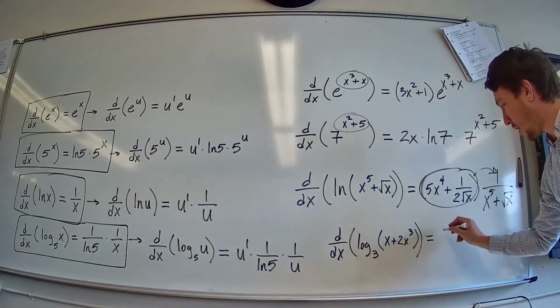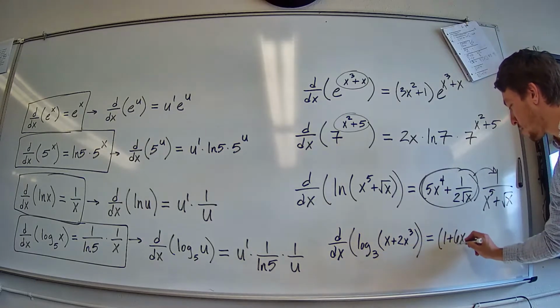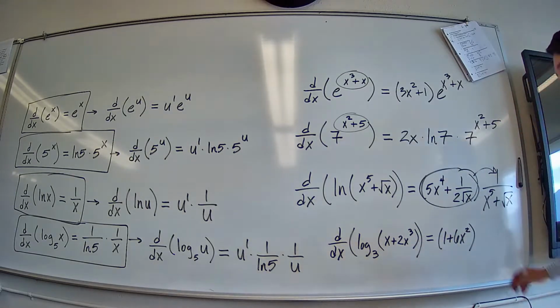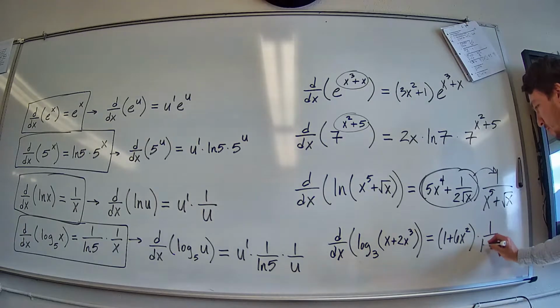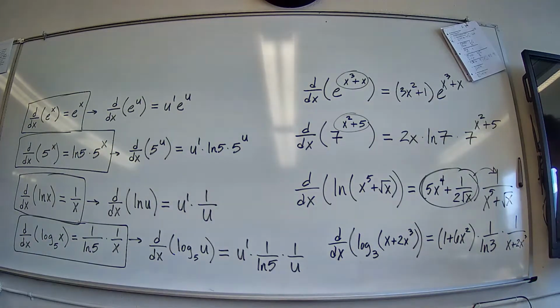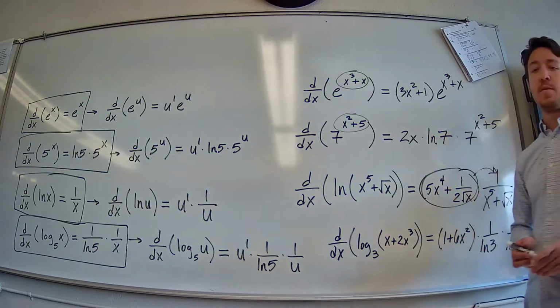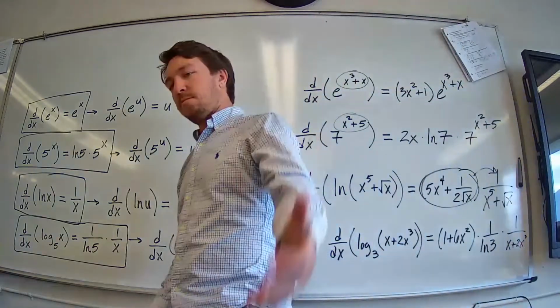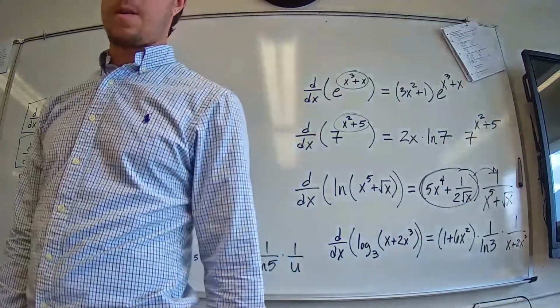Same idea, you go u prime, times 1 over the natural log of 3, times 1 over u. Any questions at all? No. Okay. I'll leave those up on the board. Take some time to work.